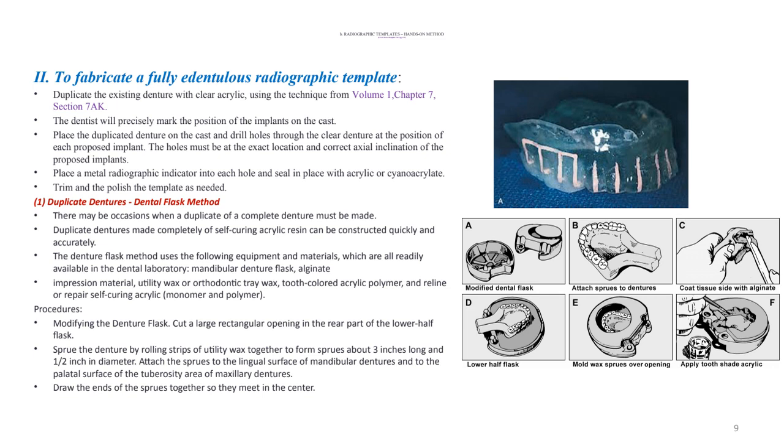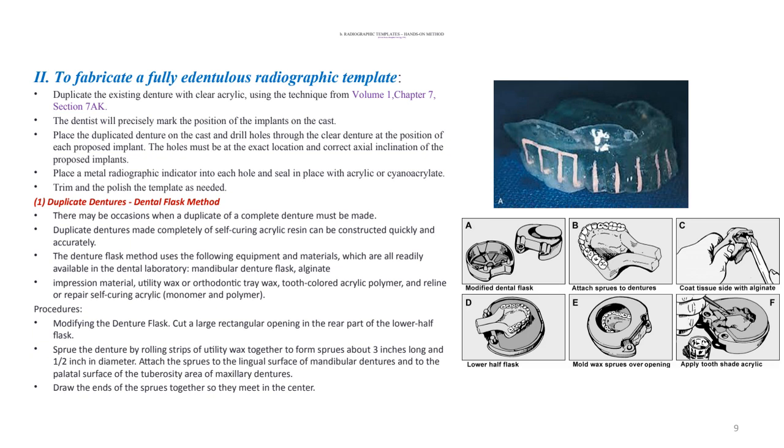So the first thing is to have the patient's denture duplicated. For that, we're going to use a flask. And also we can use a self-curing acrylic resin that can be constructed quickly and, like I said, very accurately.